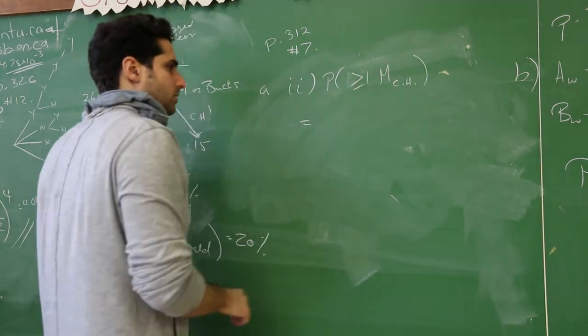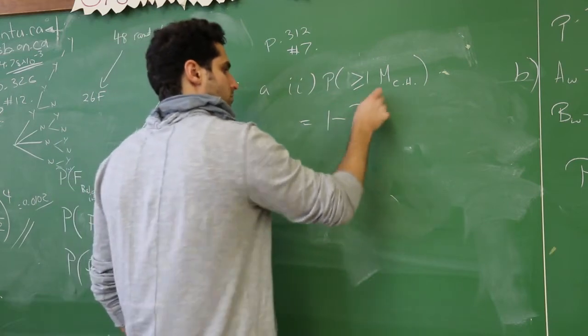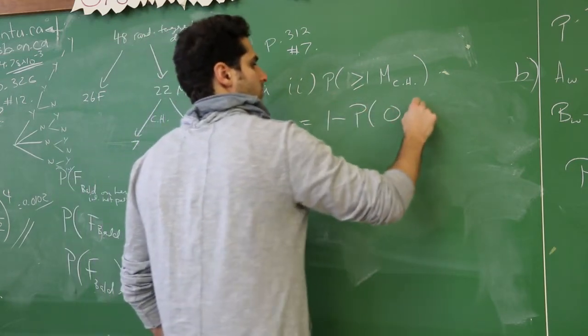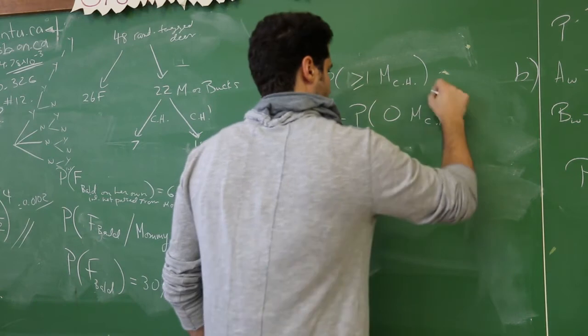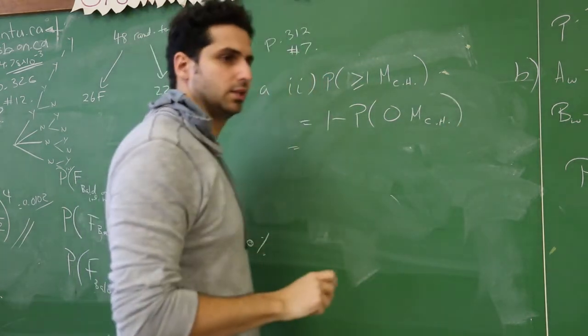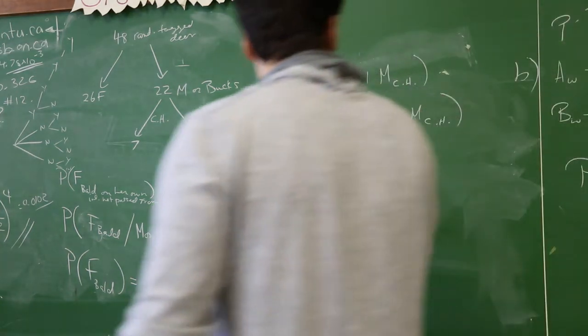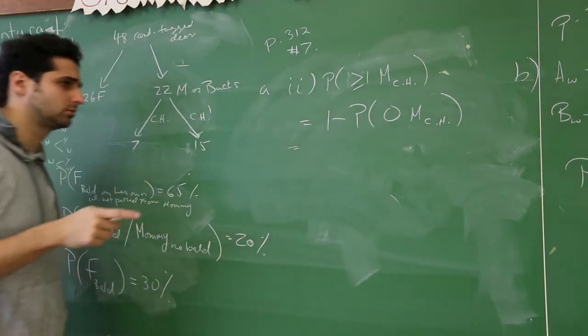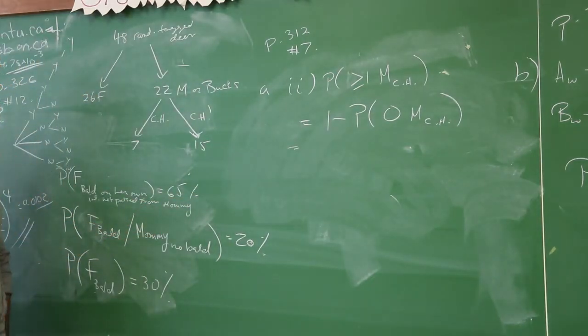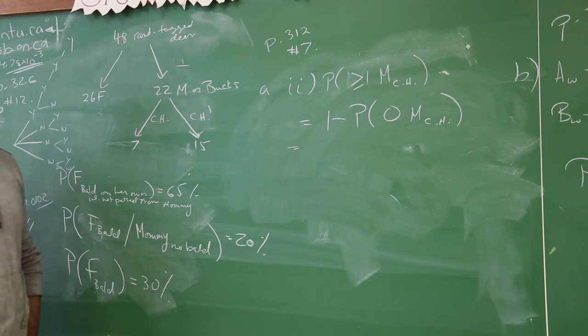I would do indirect here. Okay. At least one. Better to just go 100% minus none, right? And does it say, are you grabbing 4 or anything like that? Yeah, because it says in the beginning, suppose 4 of it.